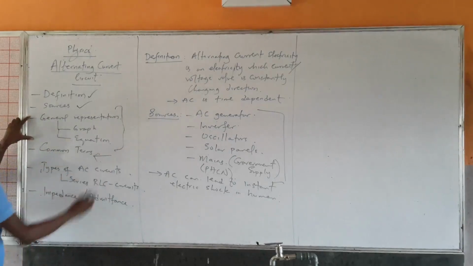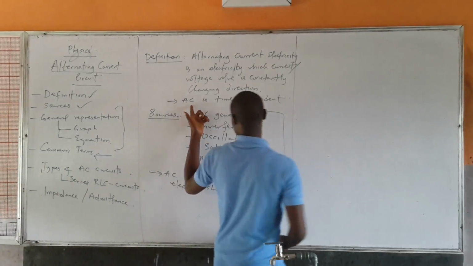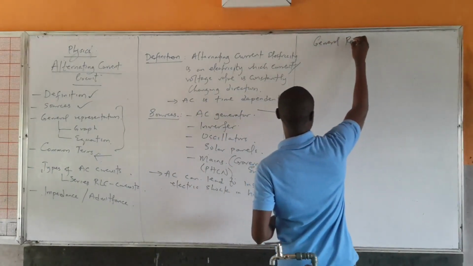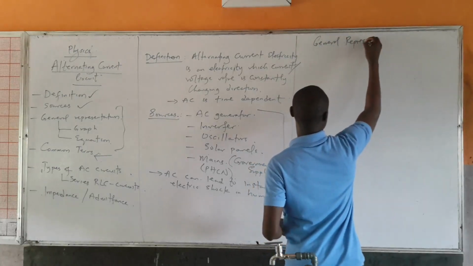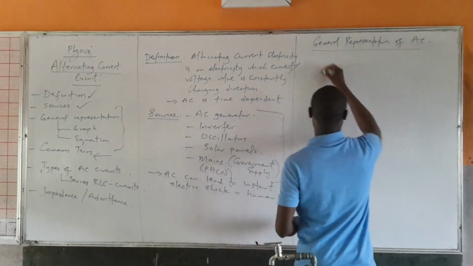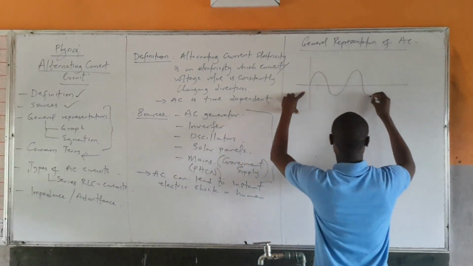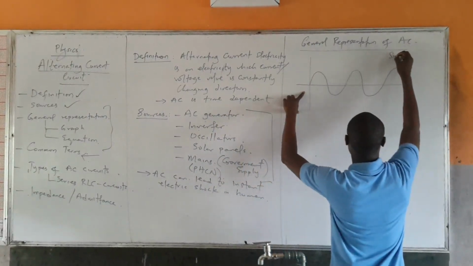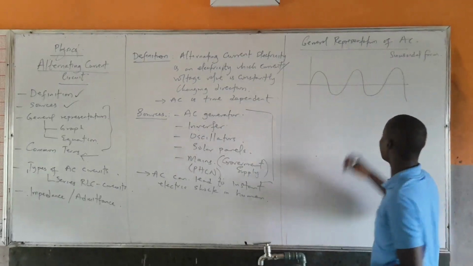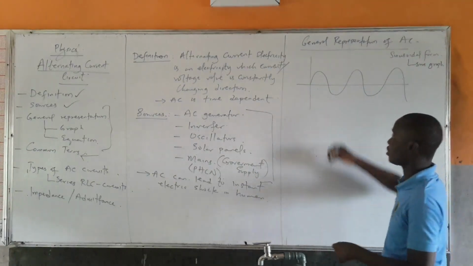Now let's move to the general representation of alternating current. As I told you, it is time dependent. At a particular time it could be maximum. We represent it in sinusoidal form. What sinusoidal means is that it is like a sine graph.